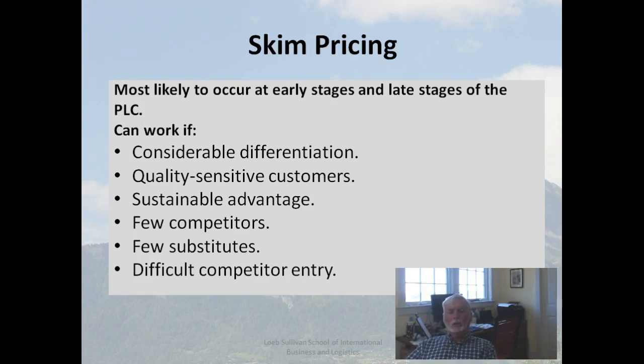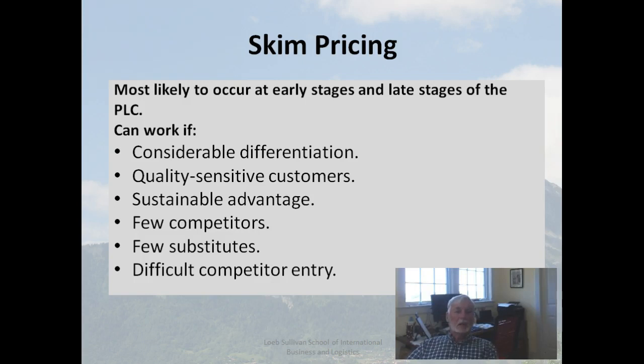So skim pricing is a strategy that, for instance, Apple used with the iPhone. When they introduced the iPhone, it was dramatically more expensive than competitors, but they had lots of differentiation. They had a high quality product and their customers appreciated the quality. The advantage was sustainable for some period of time.